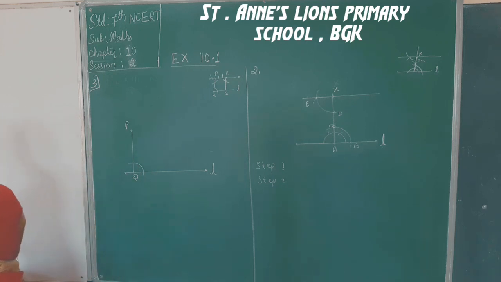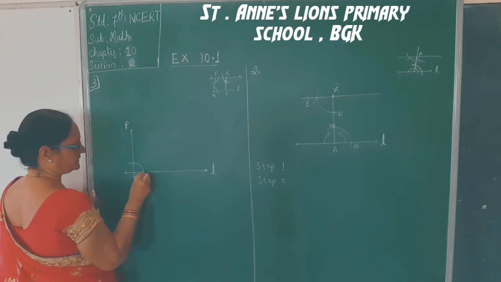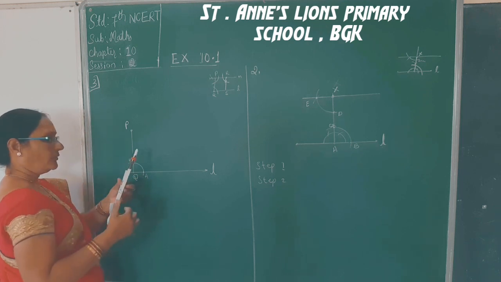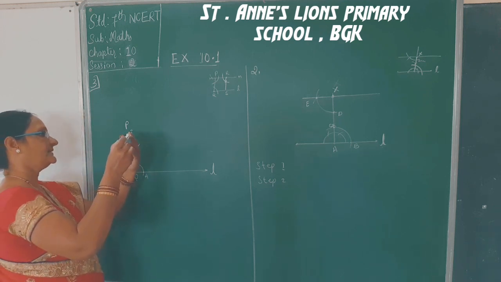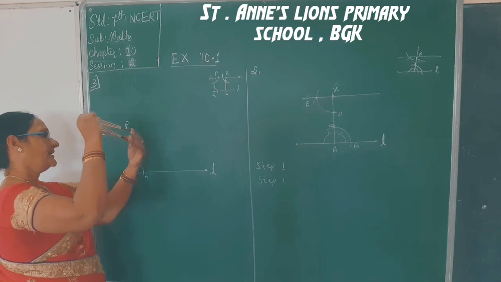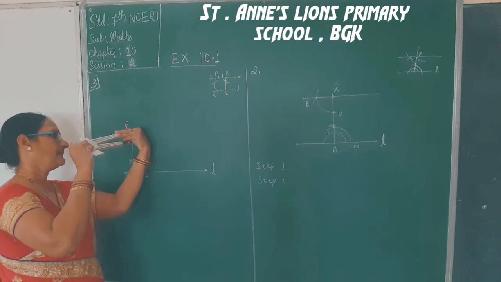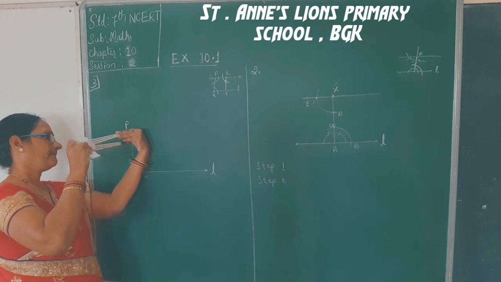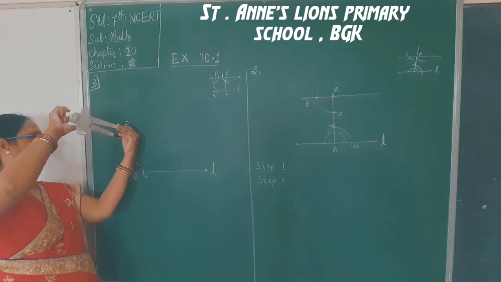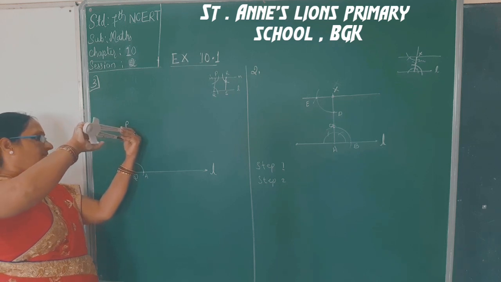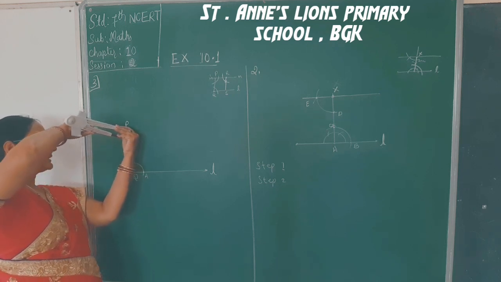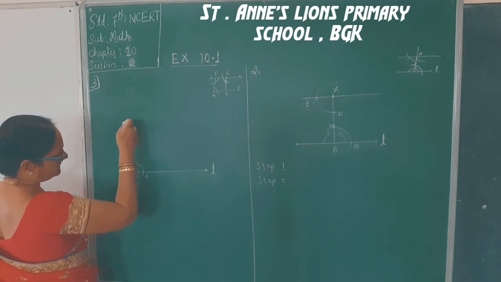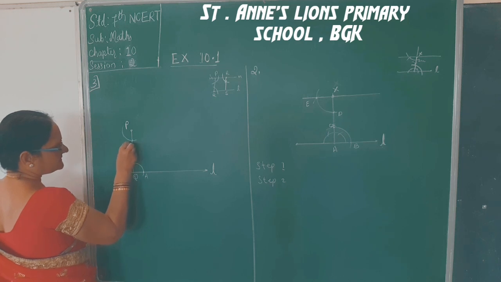Then that arc has to cut this line at points, here see, this as A and this as B. Now with the same radius P as the center, cut this line PQ. See, carefully you have to draw. Now this arc has to cut this line PQ at point C.